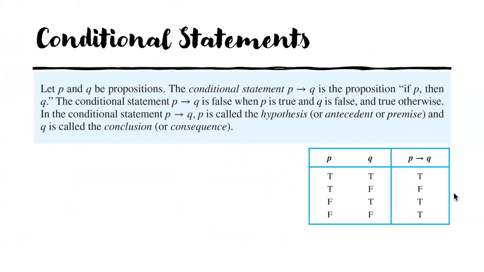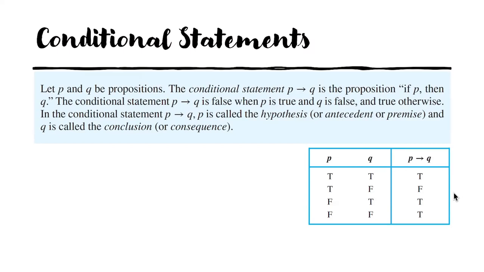For the conditional statement, again we have two statements, P and Q. And the conditional statement is P, then a right arrow to Q, right? We will read it as "implies." The conditional statement P implies Q is the proposition that you can translate as "if P, then Q."